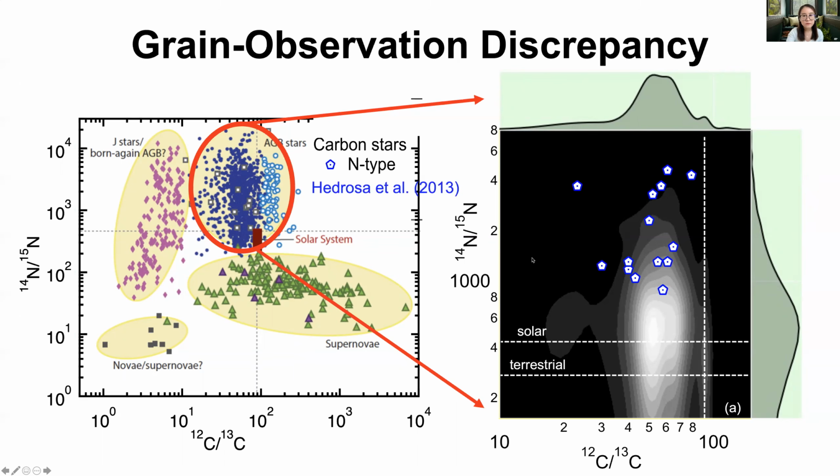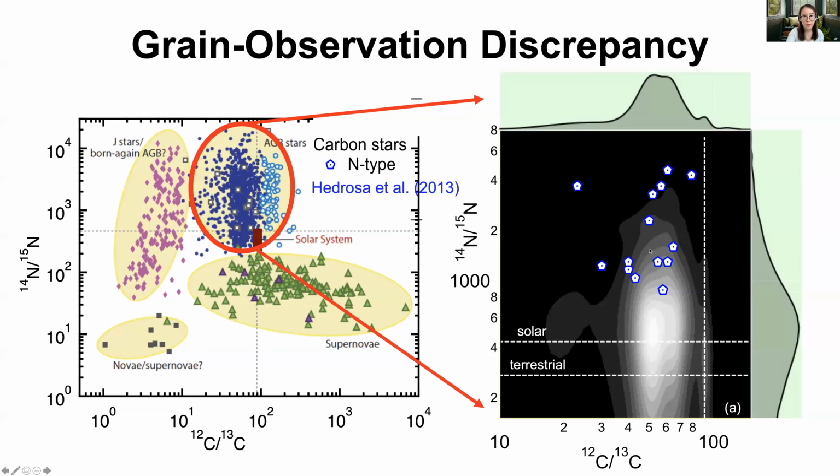Since it is believed that these grains here, mainstream, Y and Z grains, came from low-mass AGB stars, we can compare the grains' measured carbon and nitrogen isotopic compositions to spectroscopic observations of N-type carbon stars, because N-type carbon stars are the classical low-mass AGB stars.